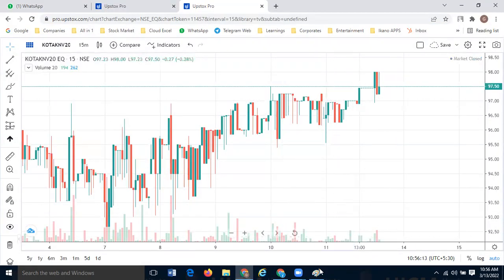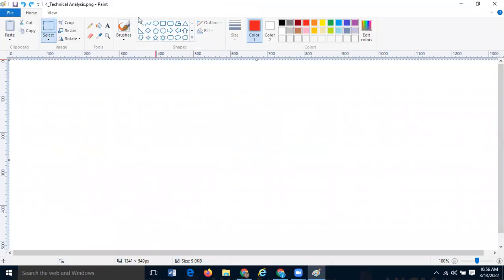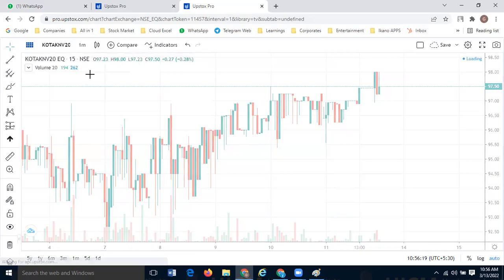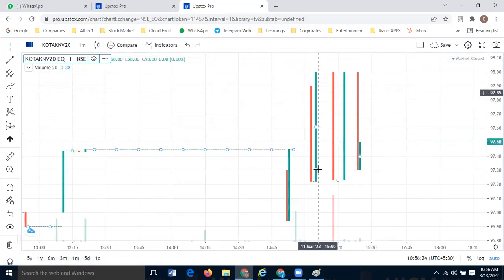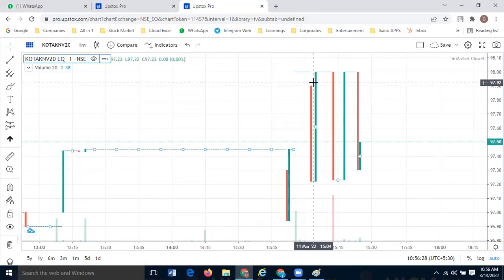If you choose the 1 minute chart, in every 1 minute it will make one candle, bullish or bearish. Red is known as the bearish candle and green as the bullish candle.